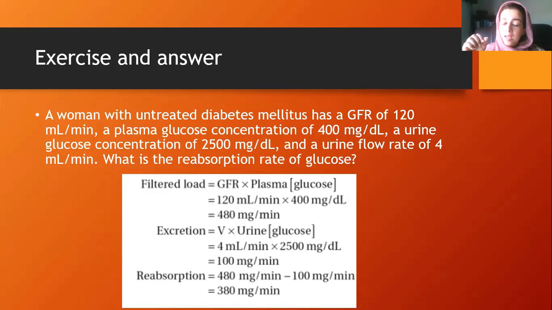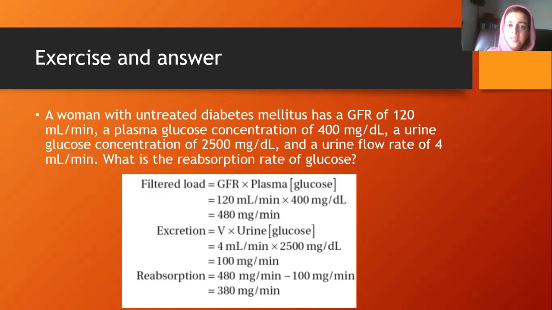Now, this means that 100 milligram of sugar is being excreted in the urine per minute. But 480 milligram of sugar was being filtered per minute, and 100 milligram of sugar is being excreted per minute. So where is the rest of the sugar gone? Obviously, there are only two possibilities of something happening between the glomerular filtration and the urine excretion. Either secretion can take place, in which case the urine excretion will be more than filtration.